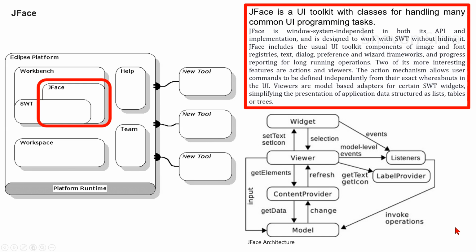The framework includes a deliberate redundancy regarding changes in the model. When values change within a data element, those may be translated for the viewer either by the content provider calling the viewer's update method, or by the label provider firing change events.